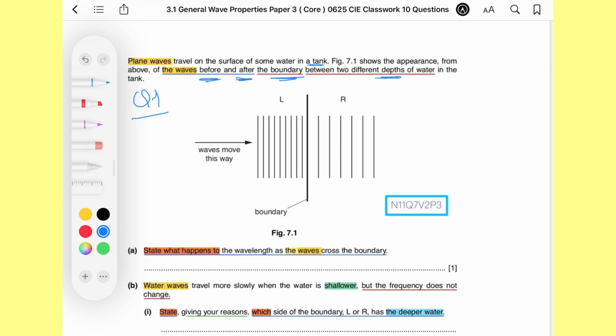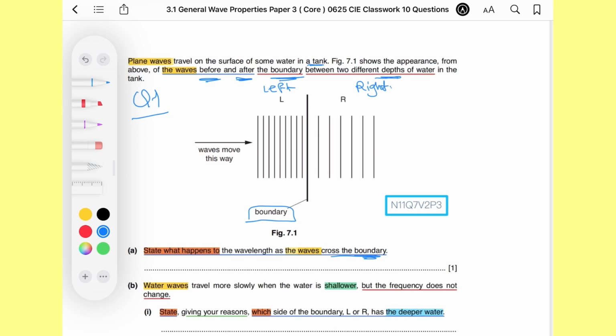State what happens to the wavelength as the waves cross the boundary. Here is the boundary, and we have here left and we have here right. Okay, state what happens.